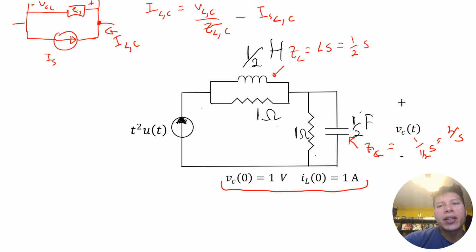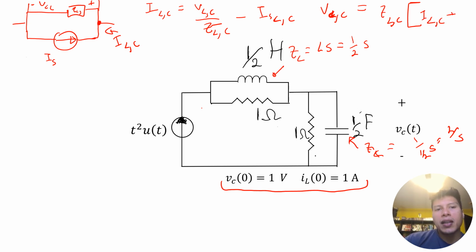And then we had another equation which said that V sub L comma C has to be equal to, here I'm putting the comma because it's either an inductor or a capacitor since we're deriving the same topology for both of them, the impedance Z sub L or C times the total current going through there, which would be equal to I sub L comma C plus I source.